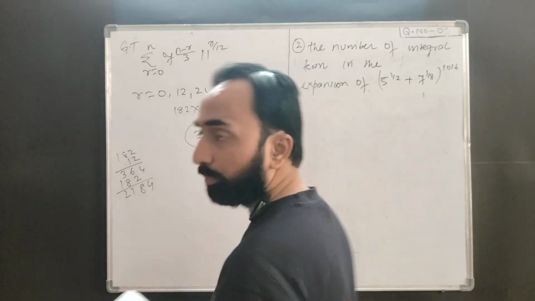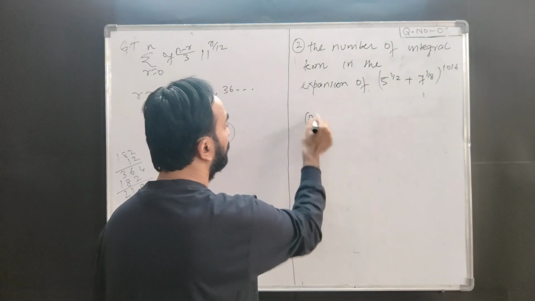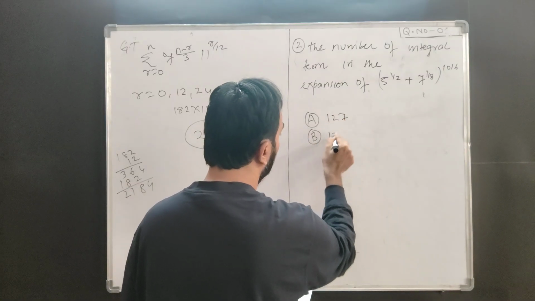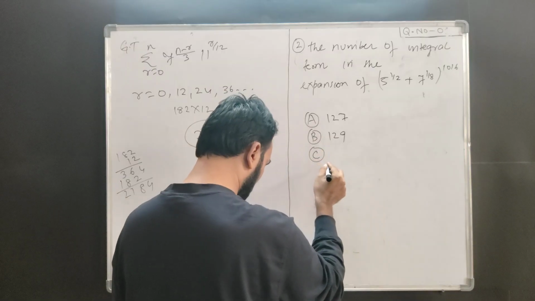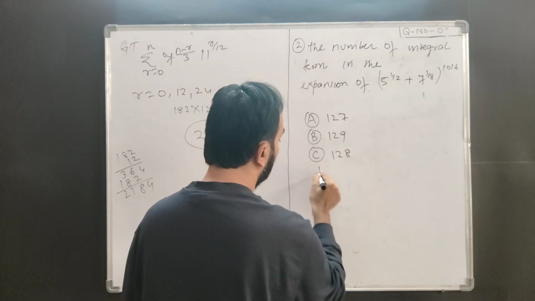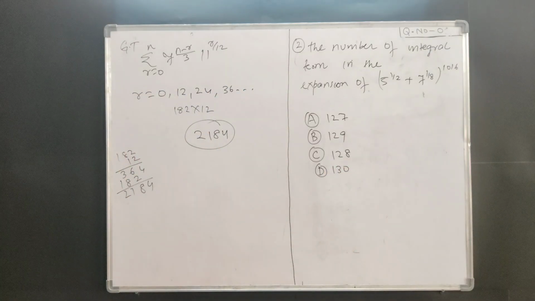Here also we have to find the integral terms. The options given are a: 127, b: 129, c: 128, and d: 130. Just see how we can approach this problem.